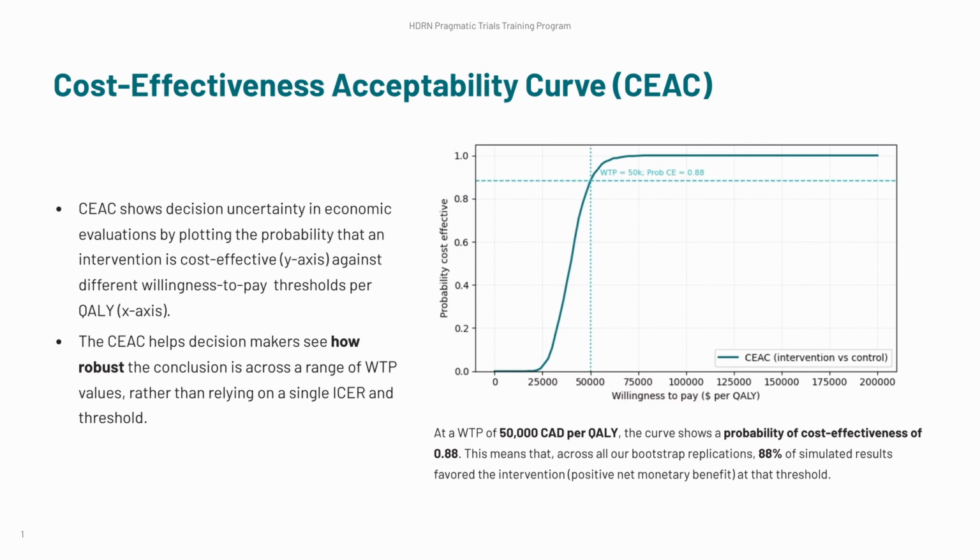In this example, at a willingness to pay of 50,000 Canadian dollars per QALY, the curve is at about 0.88. That means in 88% of our bootstrap samples, the intervention delivers more value than the comparator at that threshold. So there is strong, but not absolute evidence that the intervention is cost-effective for the health system when decision makers use a 50,000 per QALY benchmark.